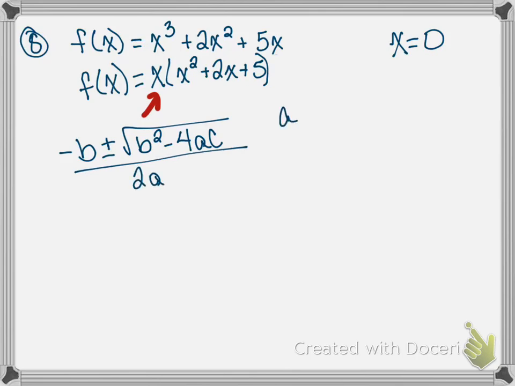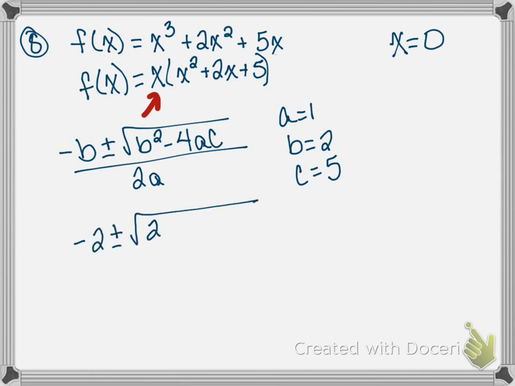Now our a is 1, that's the coefficient of x squared. Our b is 2, that's the coefficient of x, and our c is 5, and that's our constant. So I have negative 2 plus or minus the square root of 2 squared minus 4 times 1 times 5, and that is all over 2 times 1.